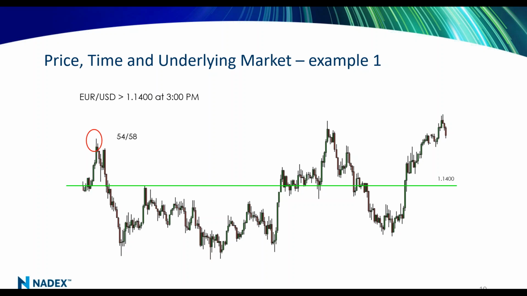Why is it higher than 50? Well, at that moment, the price of the euro was already above 114. So the market was predicting greater than a 50% chance. In fact, they were giving it a 56% chance, the midpoint, that it would finish the day above 114.